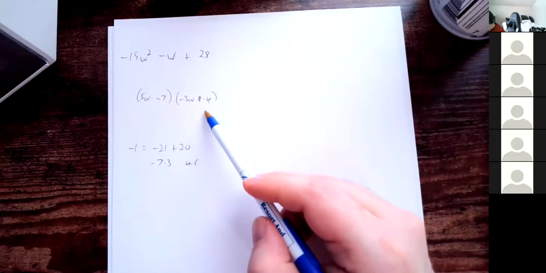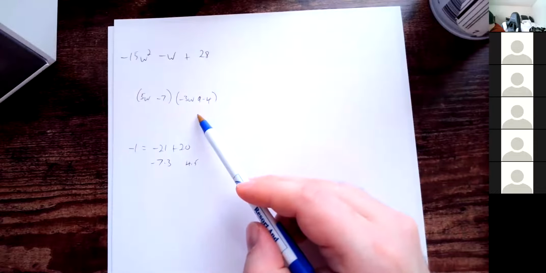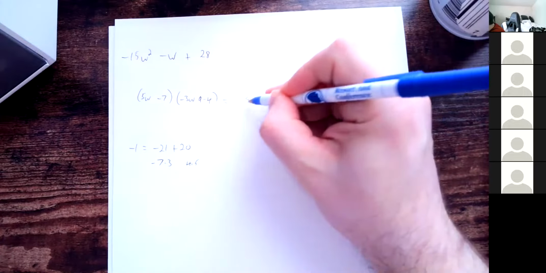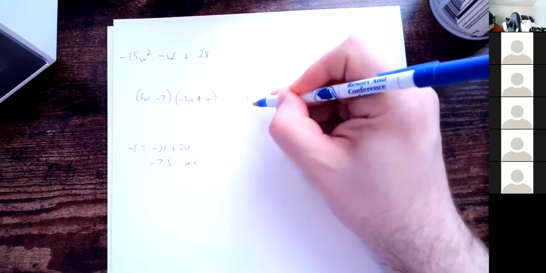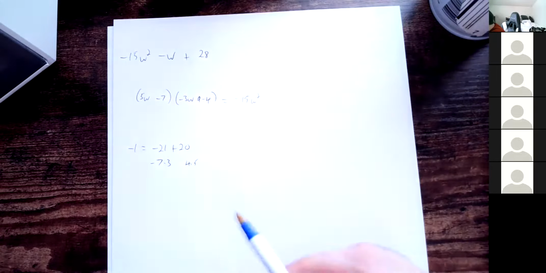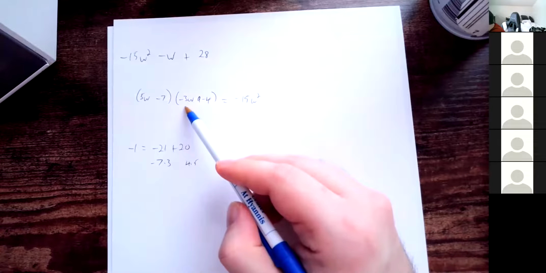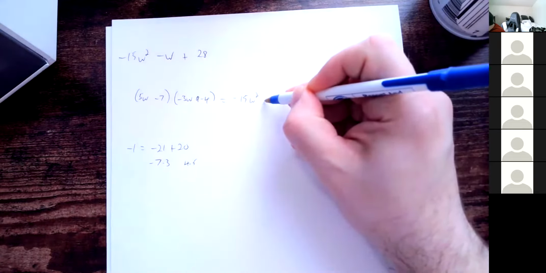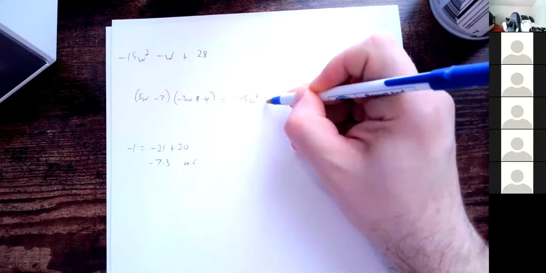So let's take 5w times minus 3w equals negative 15w squared, and then negative 3w times negative 7, giving us plus 21w.